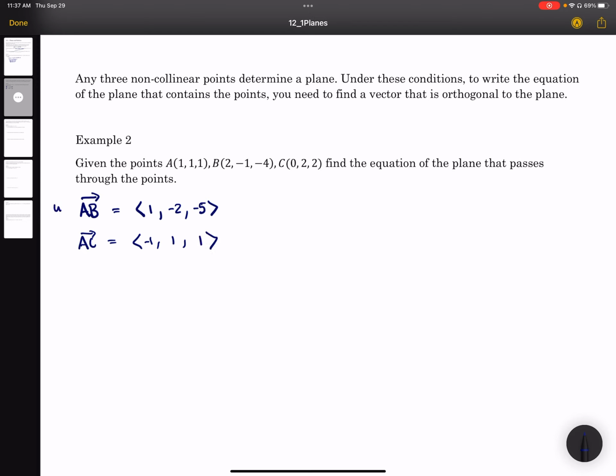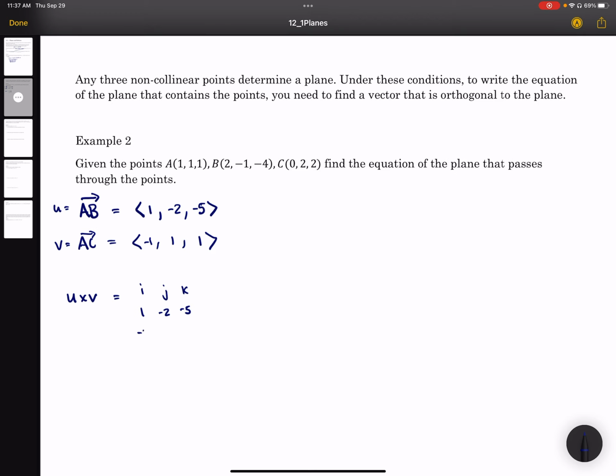If we say U is equal to AB and V is equal to AC, the cross product U cross V is going to equal, so we have I, J, K, and if we're doing U cross V, we write the components of U first and then the components of V next, so negative 1, 1, 1.